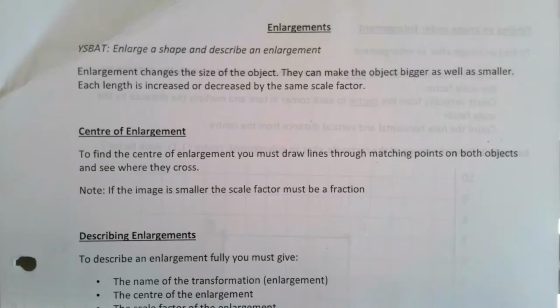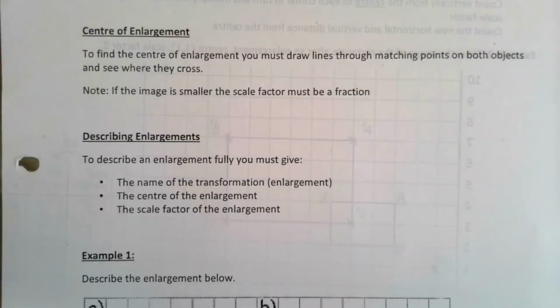So we're going to be given the original shape, which would be called the object, and the new shape, which would be called the image, and then we're being asked to find, really to describe, the enlargement. We spoke about this whenever we were describing rotations.